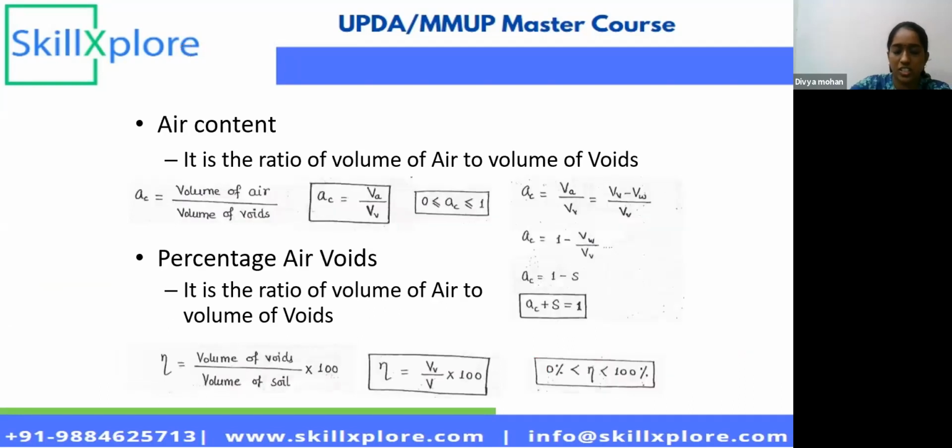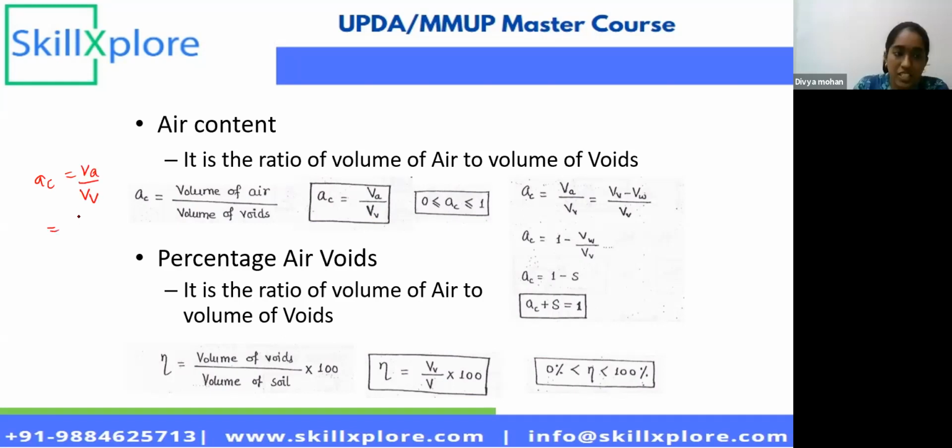While talking about water saturation and air content, the degree of saturation is given in percentage. For air content, the convention is to give it in decimals. So AC is VA by VV.